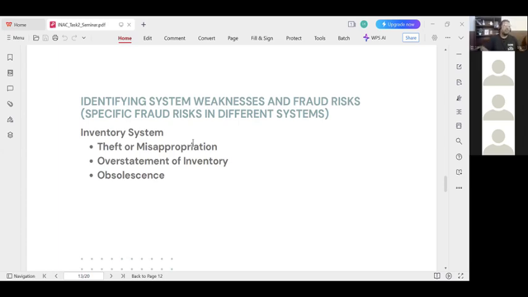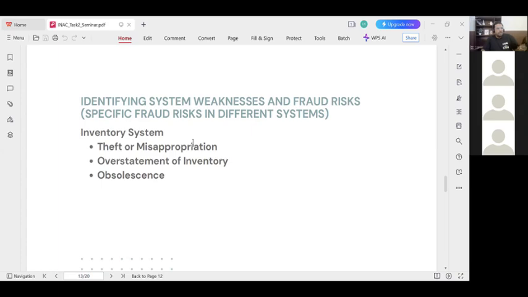Okay, so another case in which a company might be overstating their inventory is, for example, if they are having liquidity problems and they need quick cash from a bank, let's say. The bank would be willing to give them cash against their inventory, against their stock.